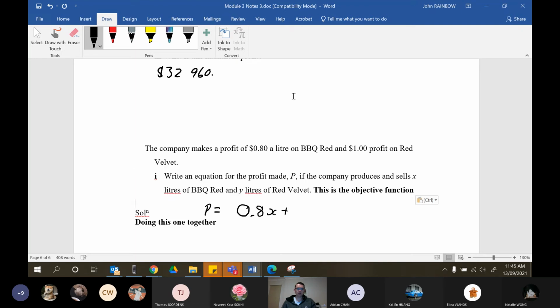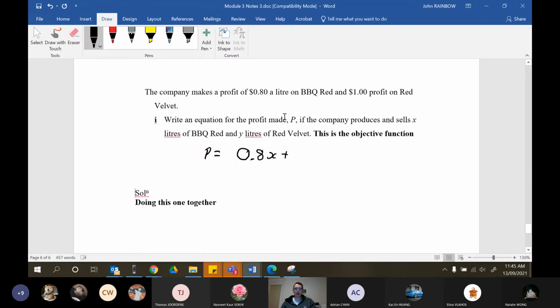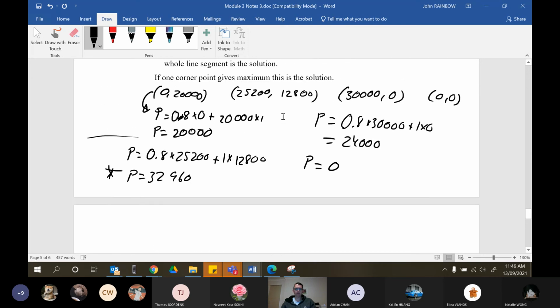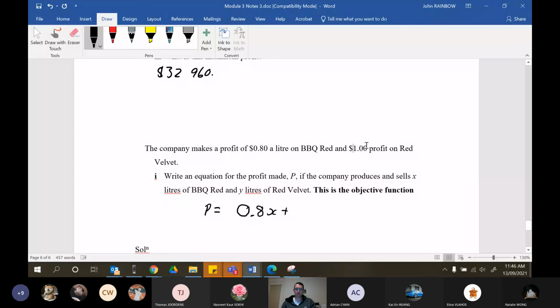Let's do another question, just slightly changed. The company makes a profit of 80 cents per litre on barbecue red and $3 profit on red velvet.